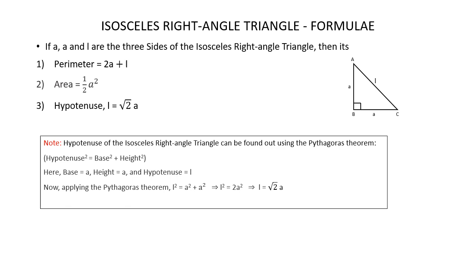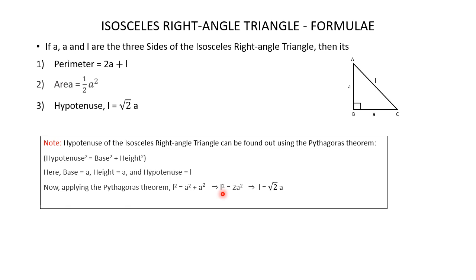Now, the hypotenuse of the isosceles right angle triangle can be found out using the Pythagoras theorem, which states hypotenuse squared is equal to base squared plus height squared. Now, as you can see here, in this isosceles right angle triangle, the base is equal to A, height is equal to A, and hypotenuse is equal to L. Now applying the Pythagoras theorem, we get L squared is equal to A squared plus A squared.